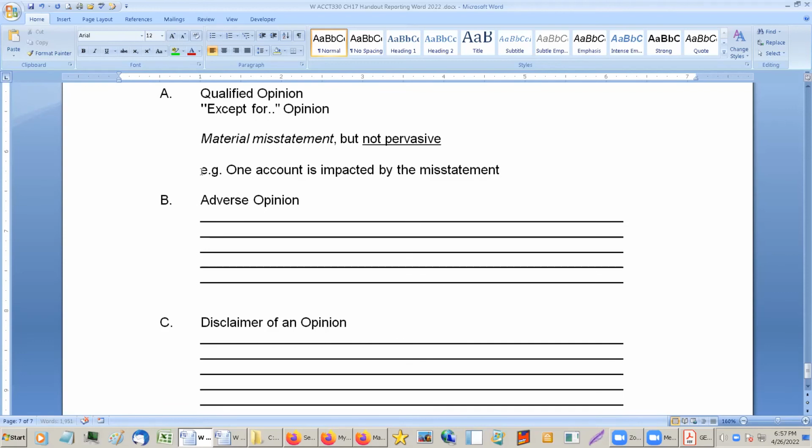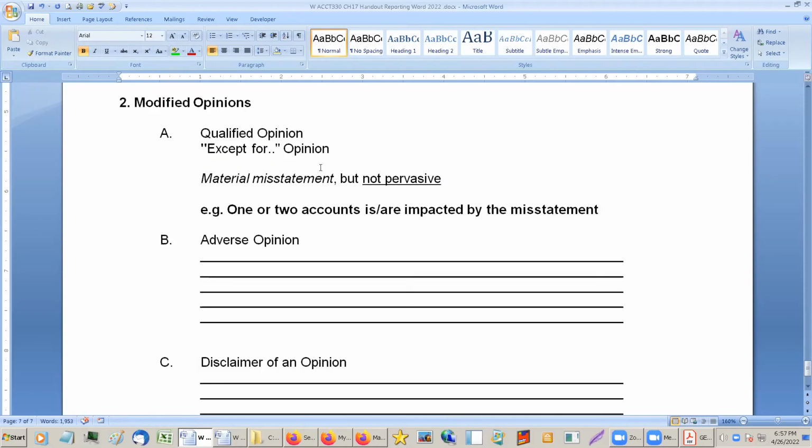One account is impacted by the misstatement. So it could be one or two accounts. Not pervasive means the rest of the financial statements are fairly presented.